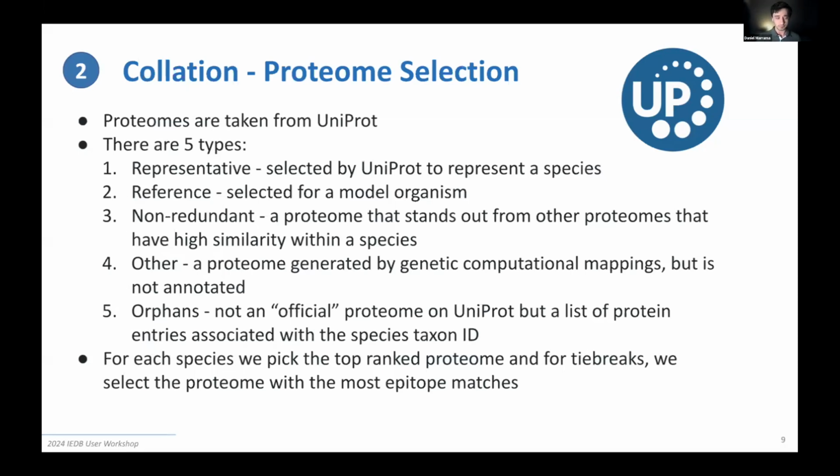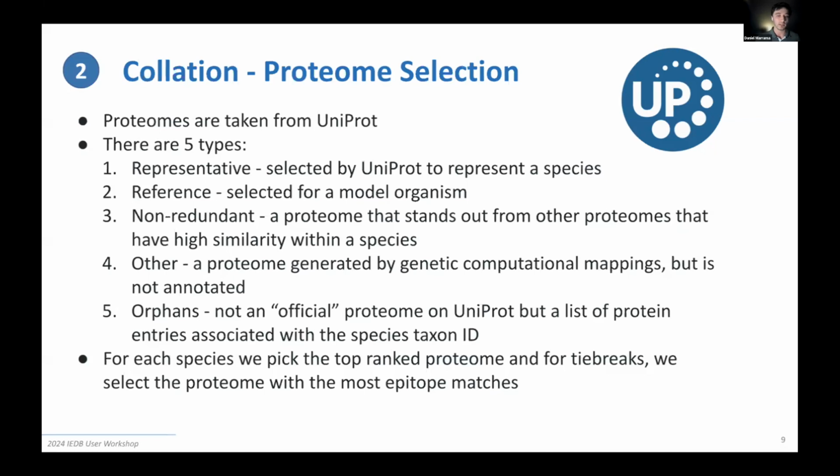So the 5 types: there's one that's representative. This is basically doing the work for us. There's one proteome that is selected by the UniProt team to represent a species, so we just choose that one. Then there are reference proteomes. A species can have multiple reference proteomes.